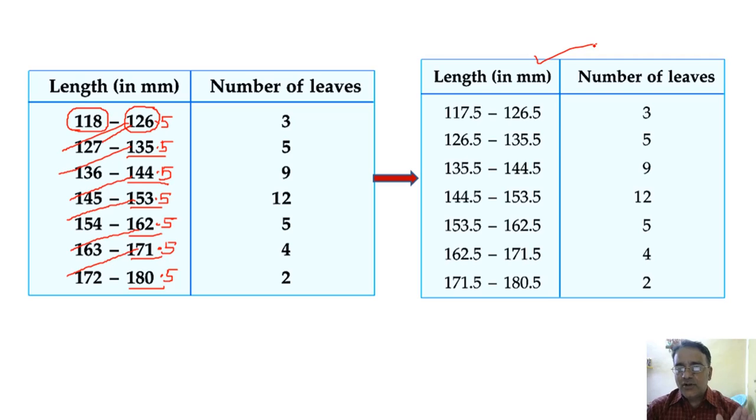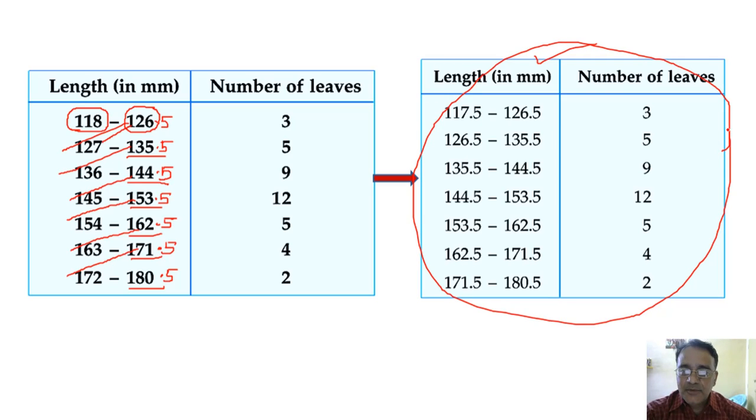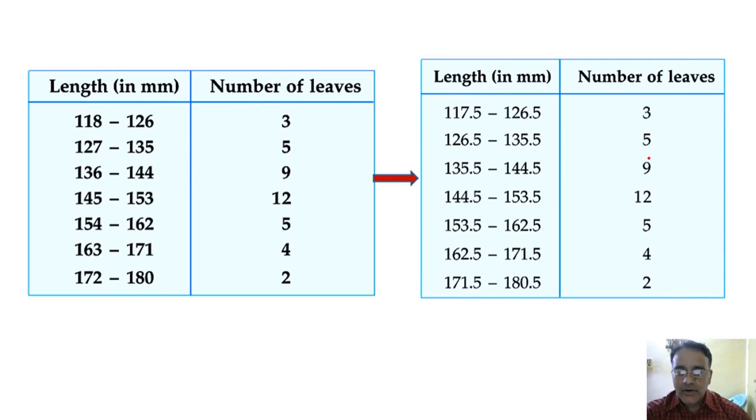Now we have to draw the histogram for this frequency distribution, not this one. ये clear हो गया? Yes, sir. Okay. Now for representing all classes on x axis, class interval जो है हम लोग को x axis में represent करना है, and the frequency we have to represent on y axis.